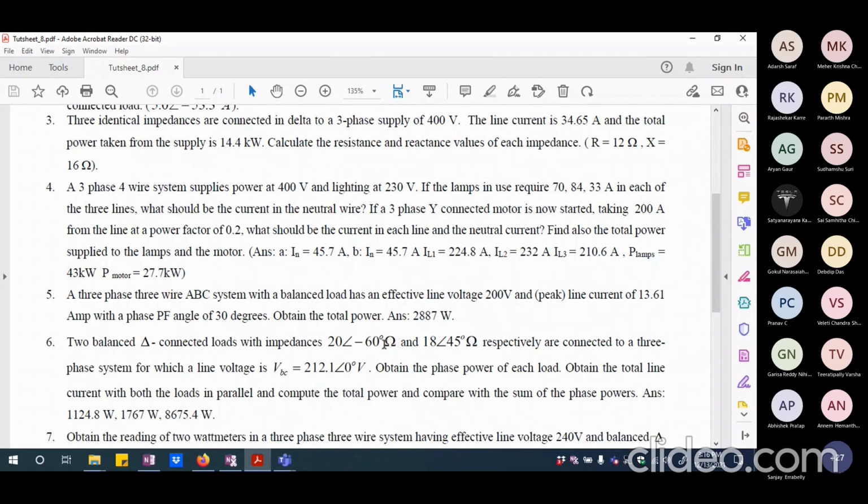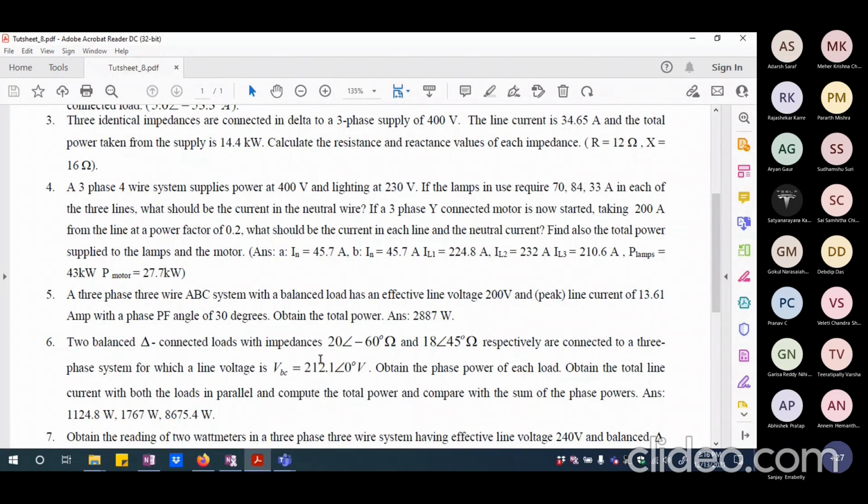From that, you should be able to calculate the current taken by each of the phases. Current taken by each phase will be 212.1 divided by the parallel combination of 20 angle minus 60 and 18 angle 45. Okay, so that will give you the current taken by each of the phases.